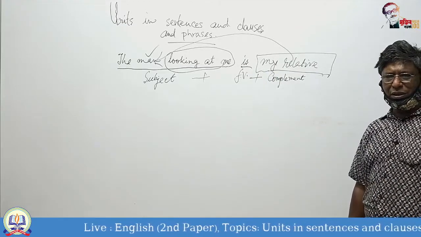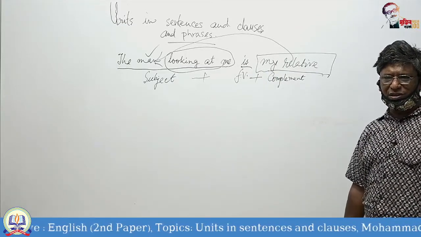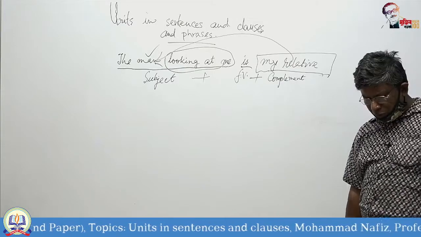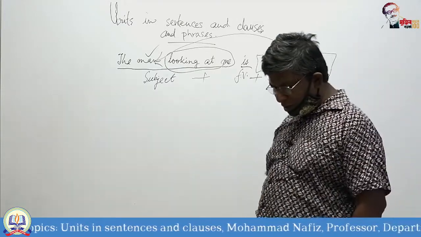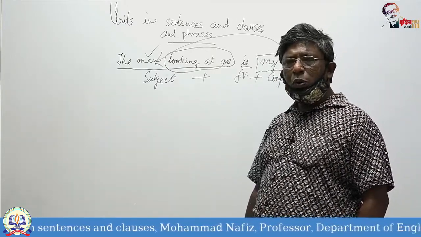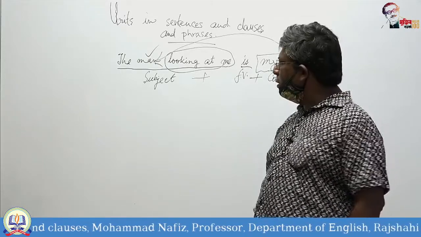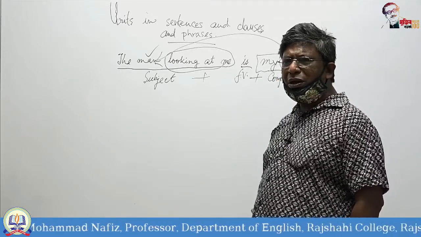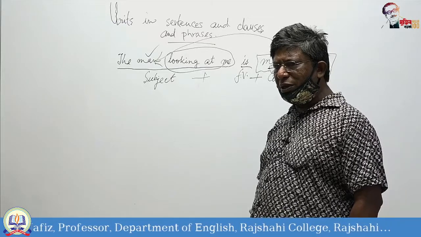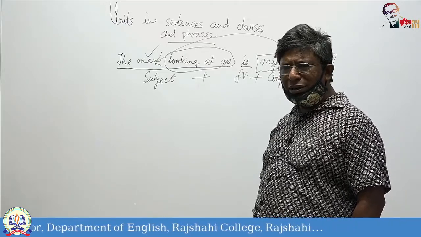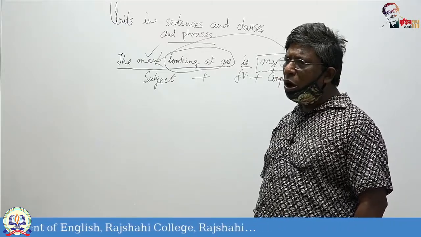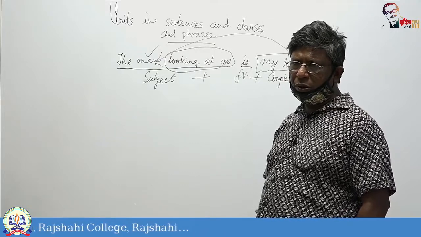Just imagine there is no object in this sentence. So, since our early days of learning English grammar, we are taught that sentences have three parts: subject, verb, and object. All are not objects.